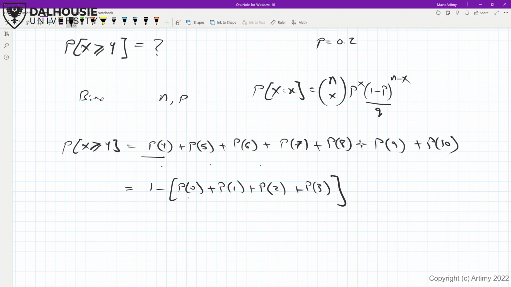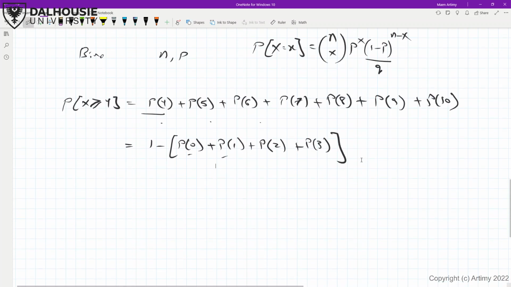That's easier, I'll calculate it only 4 times. I need 4 or more, so I subtract the probability of having 0, 1, 2, or 3. That's easier because I will calculate the function 4 times instead of 7 times.